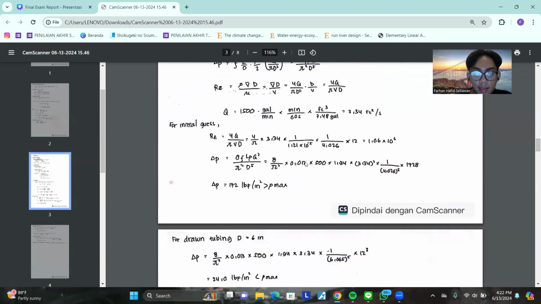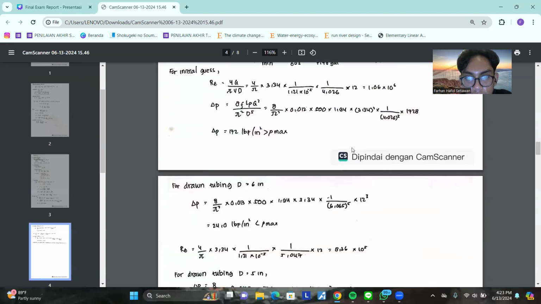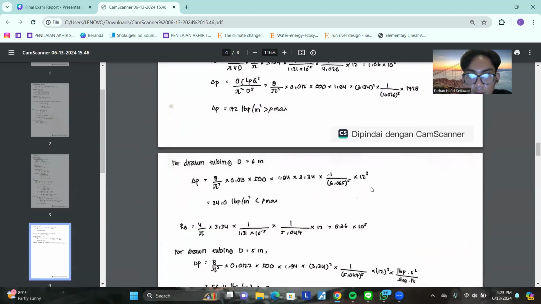Or the P max, sorry. So for the drawn tubing and the 6, we can determine delta P equals 8 per pi squared times 0.013 times 500 times 1.894 times 3.34 squared times 1 per 6.065 to the fifth times 12 cubed.